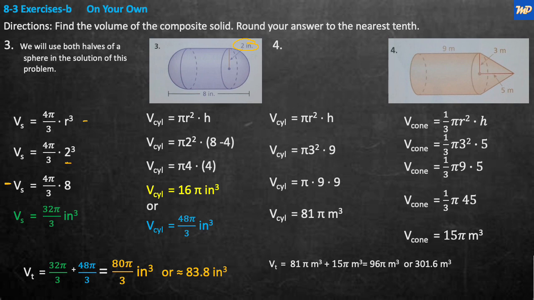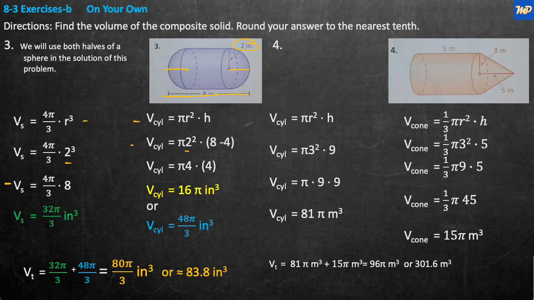That's the end pieces added together. So now we're going to find the cylinder. The volume of the cylinder is pi r squared times the height. Filling in the givens, the radius is 2, and the height is 8 inches for the entire solid, but the sphere takes up 2 radii, and the 2 radii are 2 inches each.